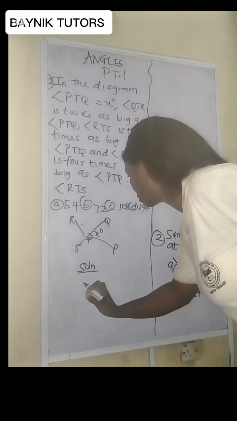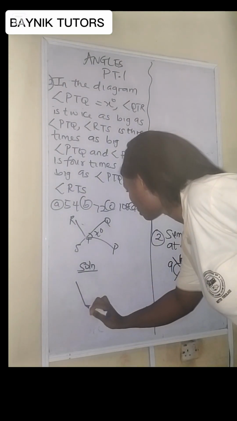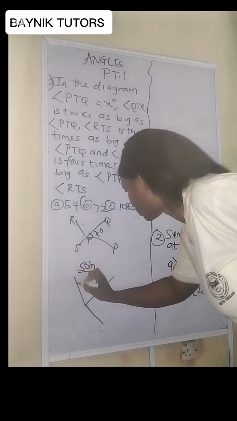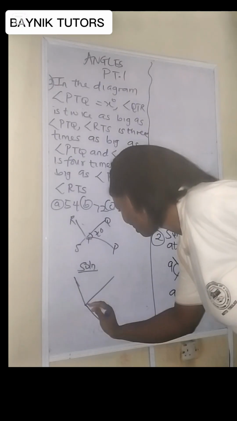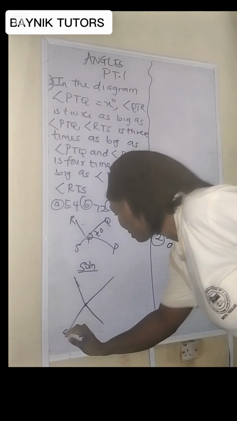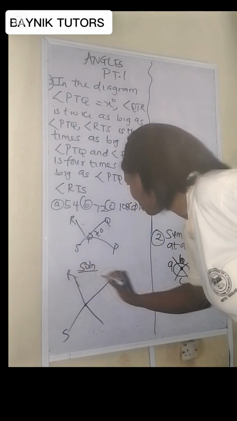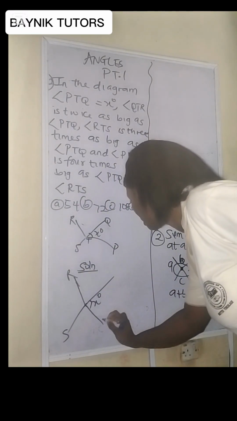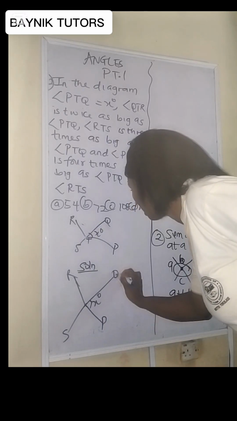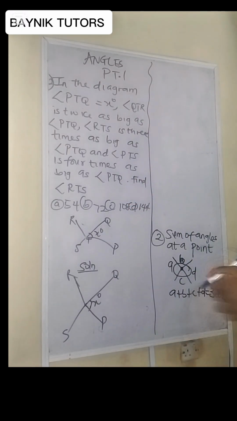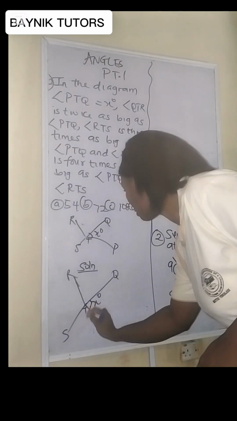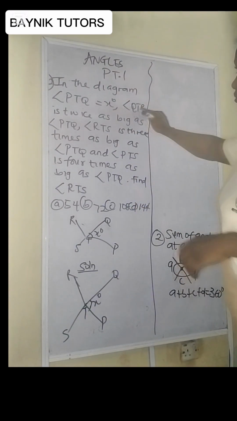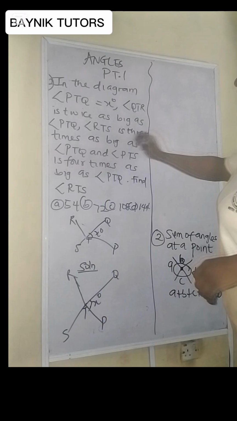So now I'm going to redraw this diagram. Don't mind my drawing. So this is our x, this is our R, okay. X degrees, the P and the Q, and this is our T. Now, they said angle QTR is twice as big as angle PTQ.